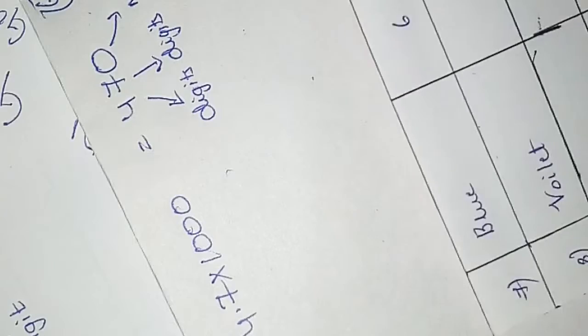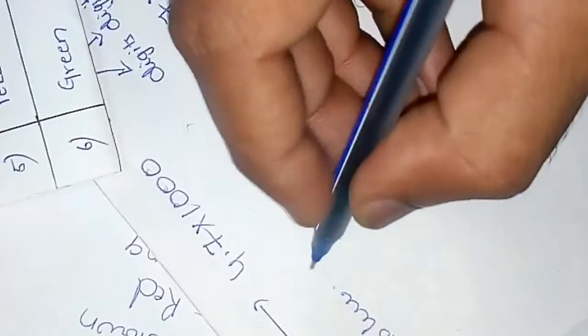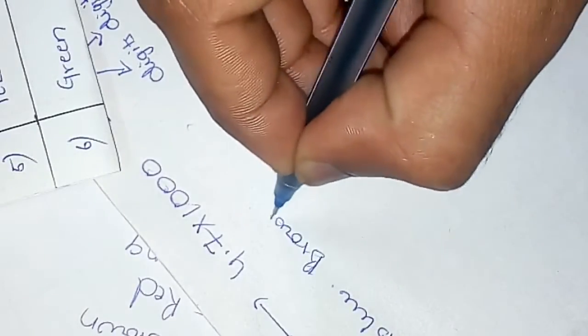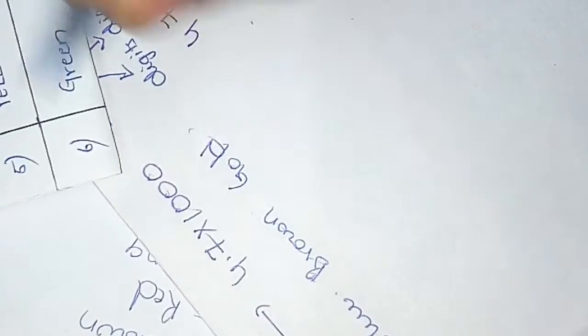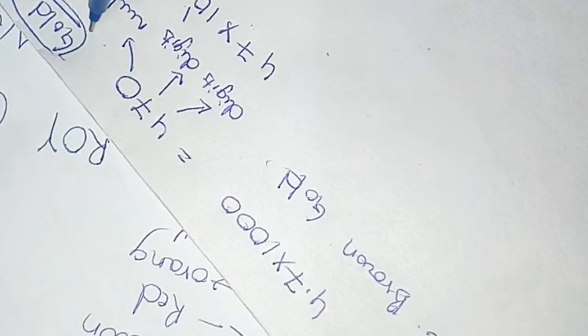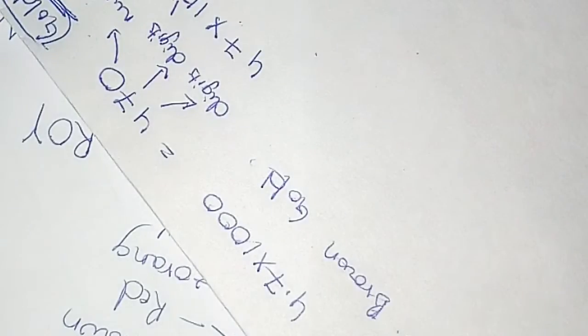The multiplier which we are considering: first of all we will solve this 47 into 10 to the power of 1. These two are digits. So 10 power of 1, brown. The colors are yellow, blue, brown, gold. As I said before, we are considering gold just for our convenience.